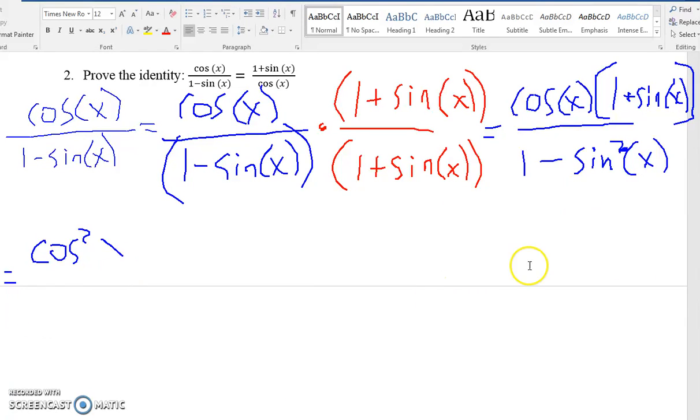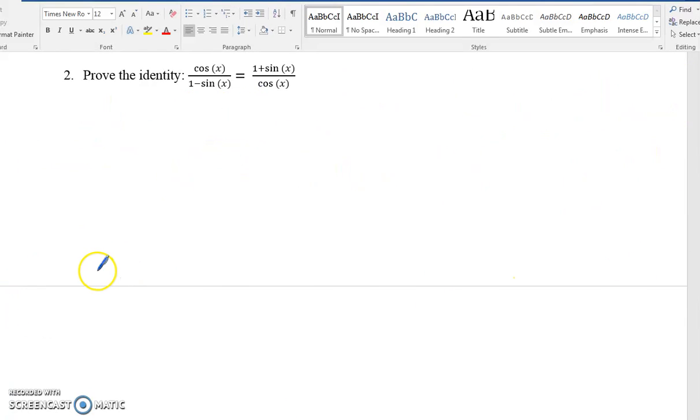Whoops, gotta erase that. Shoot. Didn't mean to erase all that. Hopefully you caught what was up there, because I'm going to just keep going here. We're going to have a cosine of x. If you do need to go back, just make sure that you pause the video and go back to it.